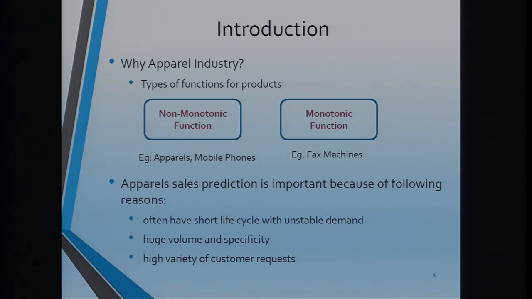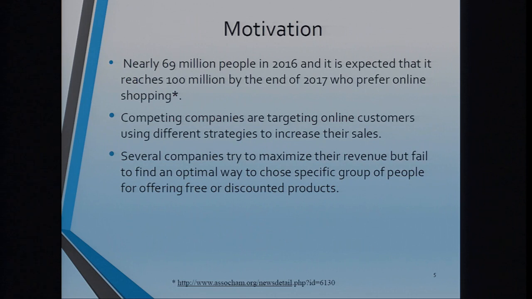Like for a small explanation, if more of our friends are having a similar product, then we will not be interested in having the same product. That comes under this non-monotonic function. The main motivation is the increasing number of people doing online shopping.